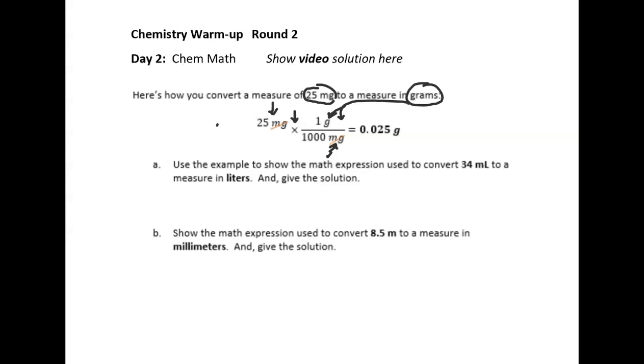This expression states that we go 25 times 1 and then divide by 1,000. That creates the decimal answer 0.025 grams. Notice that the answer also includes a label.